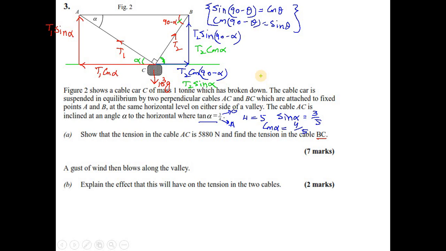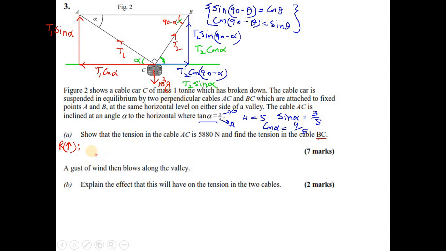Now you can resolve the forces vertically and horizontally. So if you resolve forces vertically, you have two vertical forces acting, T1 sine alpha and T2 cos alpha acting upward, which are balanced by the weight.